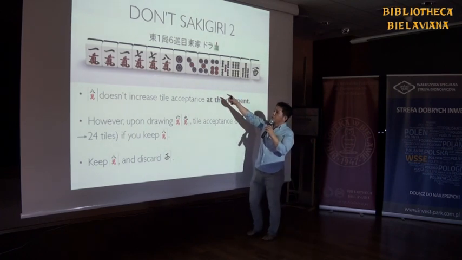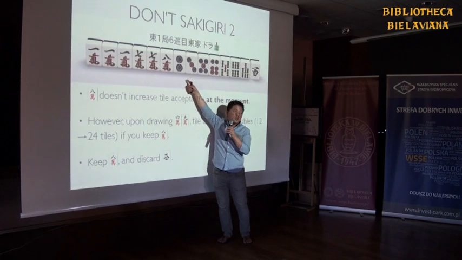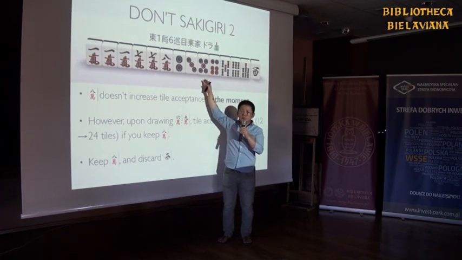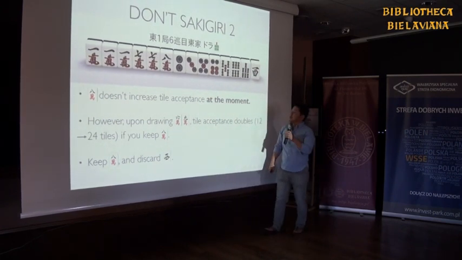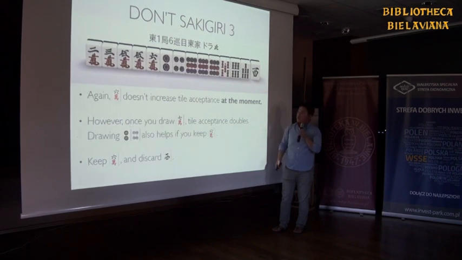Because now you'll be able to accept another copy of 6, 5, 3, 2 to make them a pair, right? So even though this might seem redundant, you should rather keep it, right?